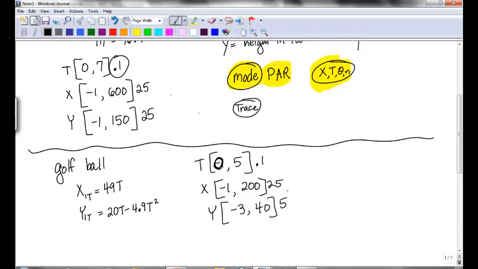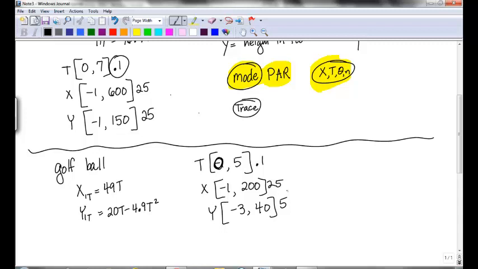Let's change the equation. You have to change them both. So x sub 1t is 49t, and for y sub 1t, we've got 20t minus 4.9t squared. Then change the window.